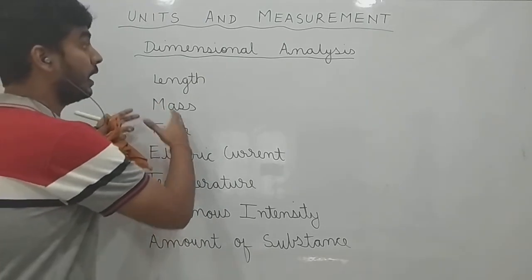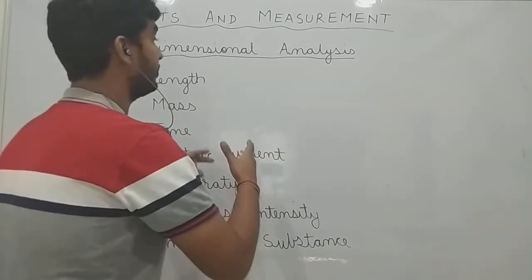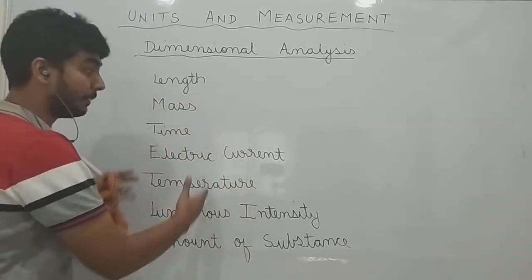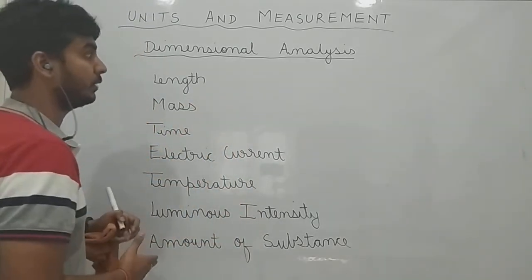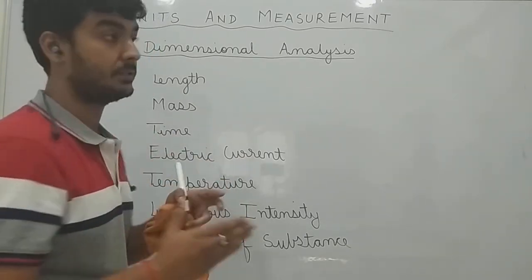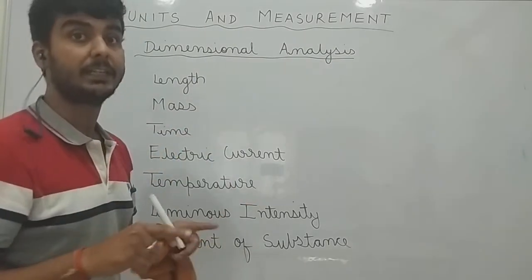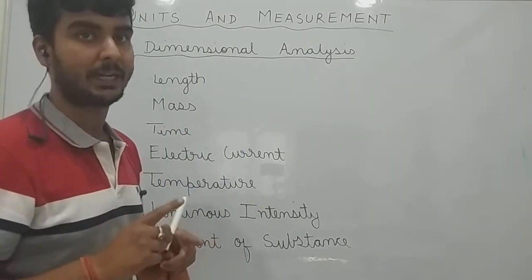Now what is the physical dimension used to represent these 7 fundamental quantities? The dimensions or the fundamental dimensions for these fundamental quantities are written along with square brackets.